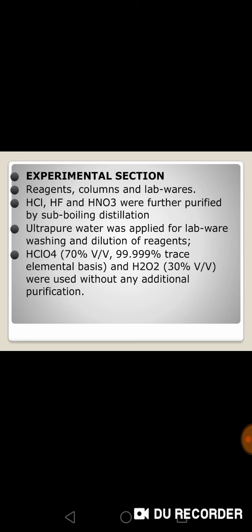HClO4, which is about 70% volume and 99.99% trace elemental basis, and H2O2, about 30% volume, were used without any additional purification. No purification is required when we are using HClO4 and H2O2 reagents.